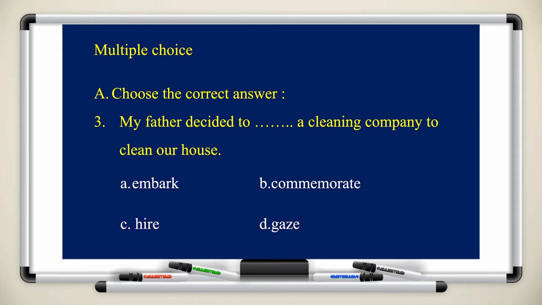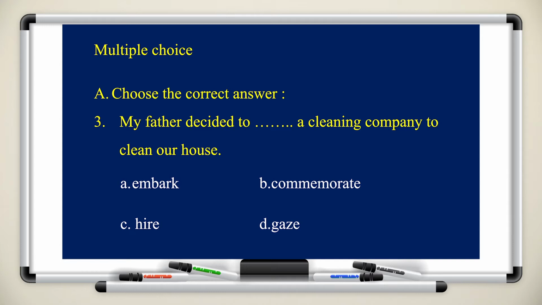Sentence number 3. My father decided to blank a cleaning company to clean our house. What you have to do is very simple. You have to read the answers and then choose the correct one. You will choose the correct one if you know the meaning of the words.